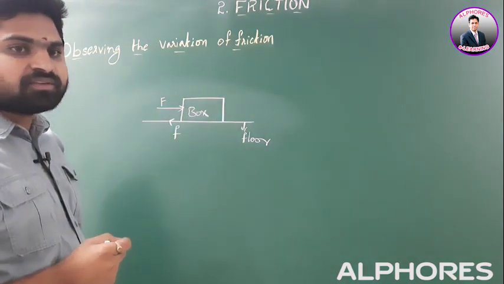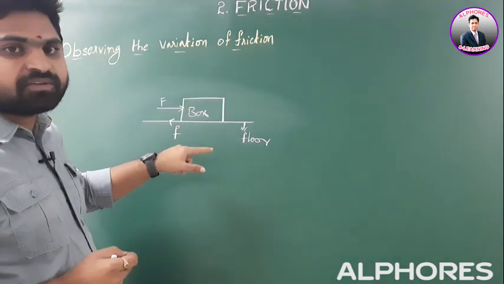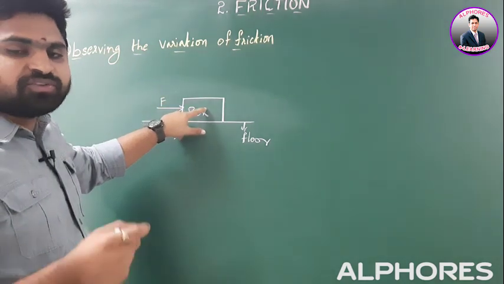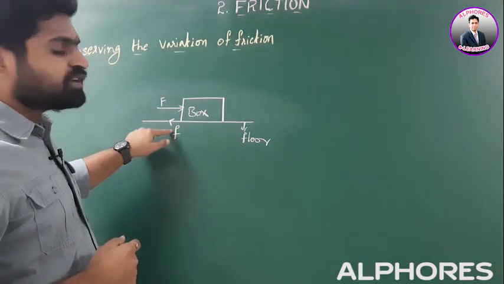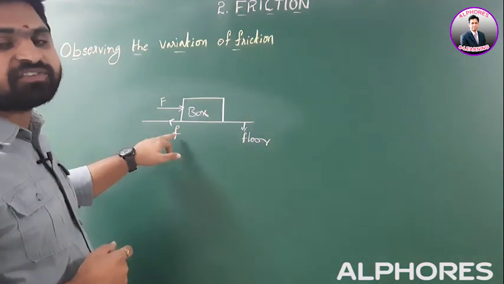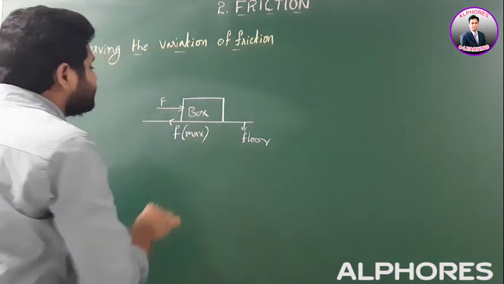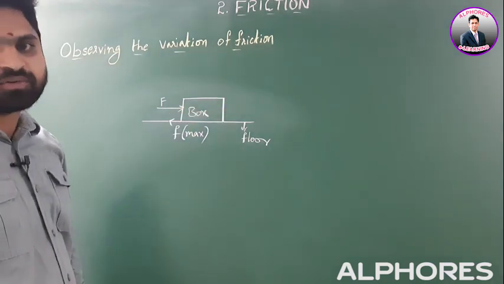When the box is ready to begin moving, the applied force acting on the box should be greater than the limiting static friction. The frictional force should be at its maximum, and only then is the box ready to move on the floor.